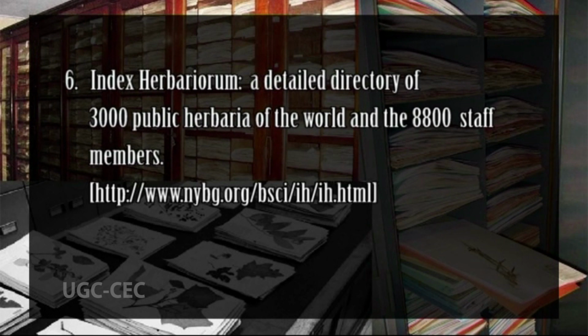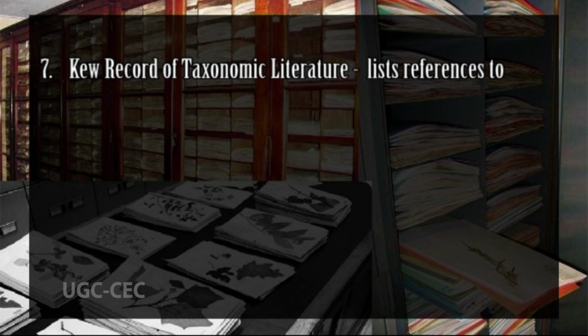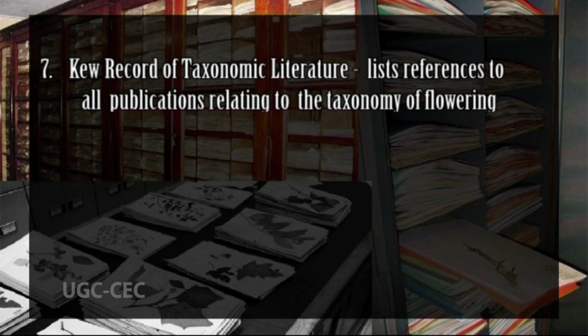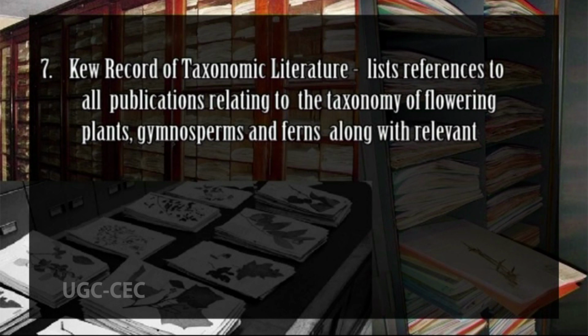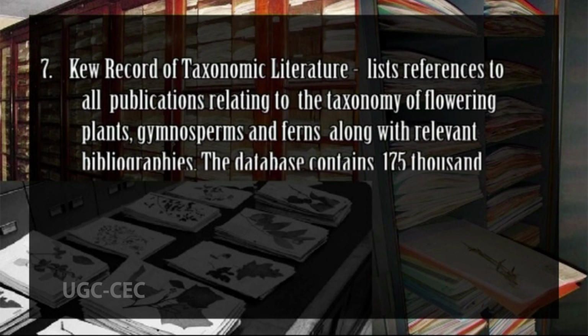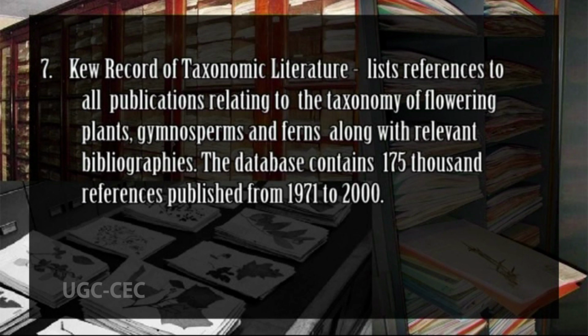It is a detailed directory of about 3,000 plus public herbaria of the world and about 8,800 staff members associated with them. We also have Kew Record of Taxonomic Literature. This valuable resource lists references to all publications relating to taxonomy of the flowering plants, gymnosperms and ferns, along with reference to phytogeography, nomenclature, chemotaxonomy, molecular taxonomy, chromosome surveys, palynology.